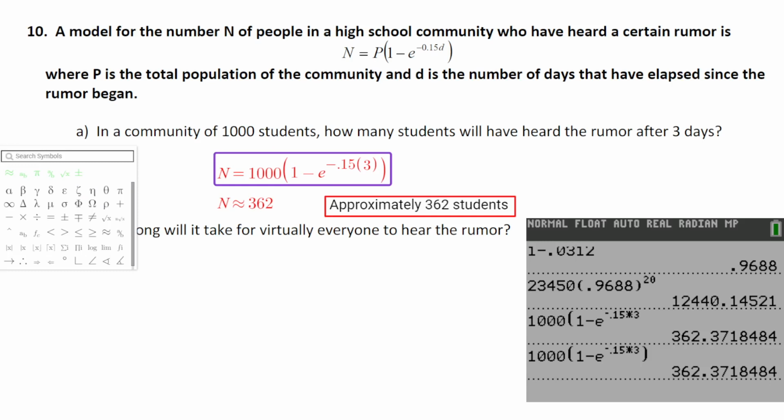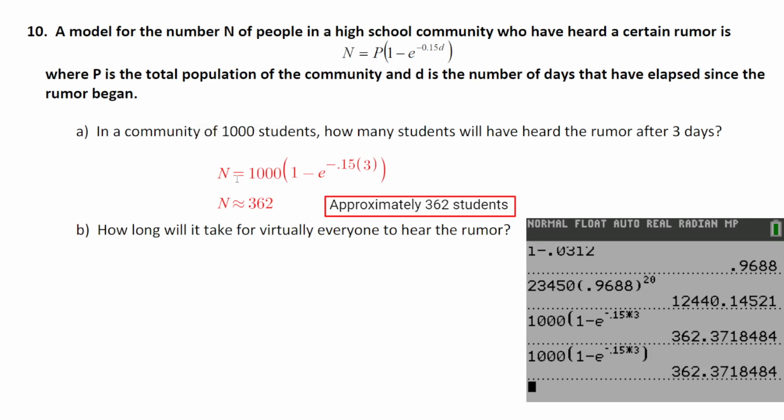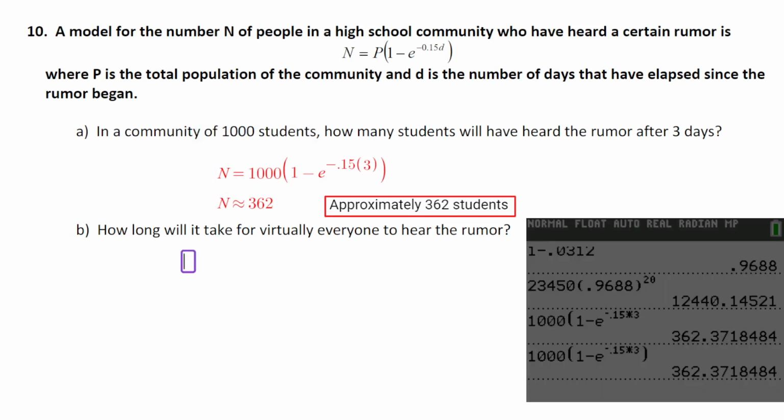So I think what we'll say is, how about when we get to 999? That would be virtually everyone. So 999 equals 1,000 times 1 minus e to the power of negative 15 hundredths times d. And we're going to solve this for d.